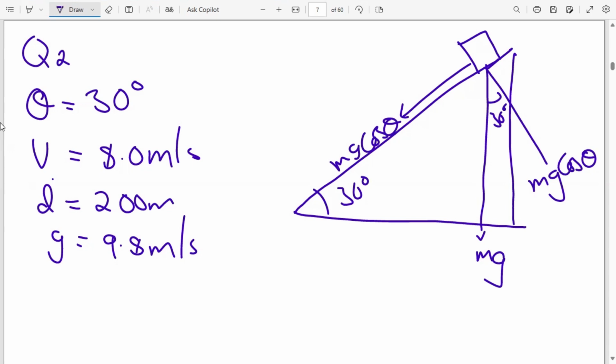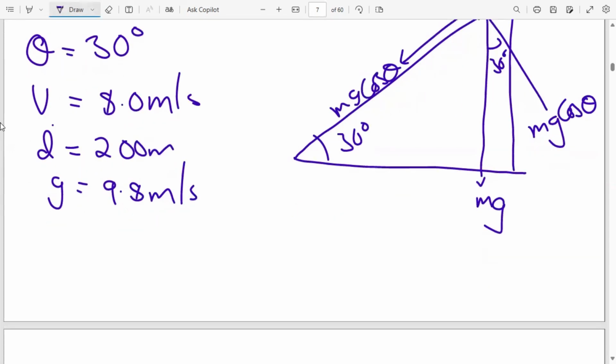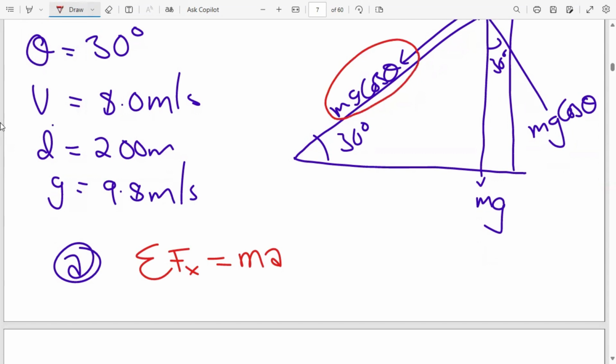So as usual, we're going to use Newton's second law of motion. The summation of forces in the x-axis should be equal to mass multiplied by acceleration. The force in the x-axis is the component of the weight acting in the direction of acceleration, which is mg sine theta.